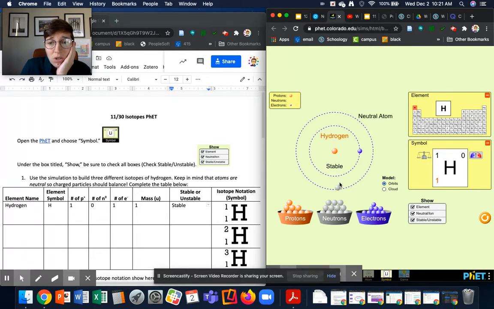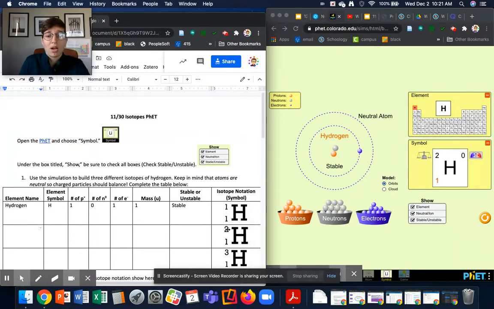So our last option is a neutron. If I add a neutron in there, look at that one more time, add a neutron, this number becomes a 2. Our mass becomes a 2. So we now have this 2, 1, 2, 1. We have this isotope of hydrogen. So let's think about, what did we change when we did that?